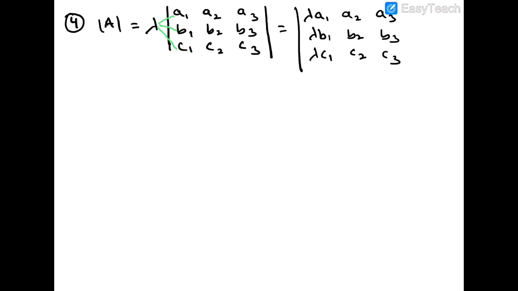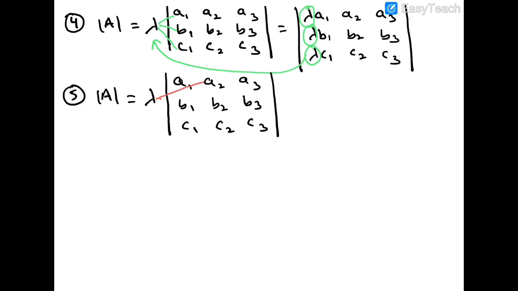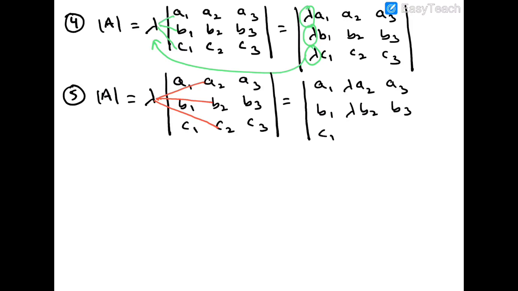Now here, lambda is the common factor for column 1 and can be taken out. In fifth one, lambda is multiplying with column 2 and will give us A1, lambda A2, A3, B1, lambda B2, B3, and C1, lambda C2, C3.